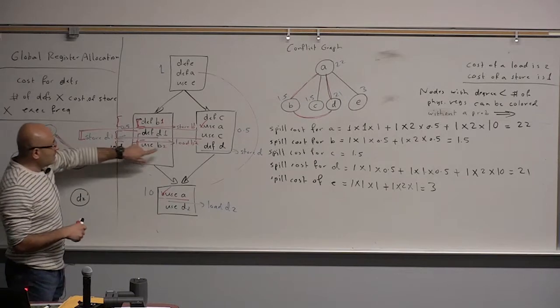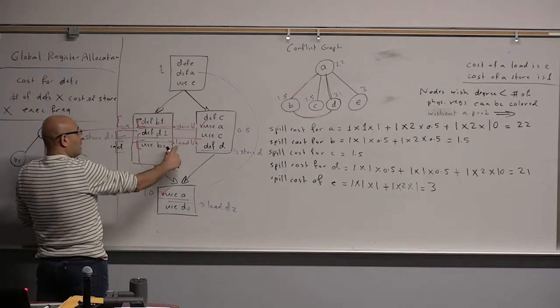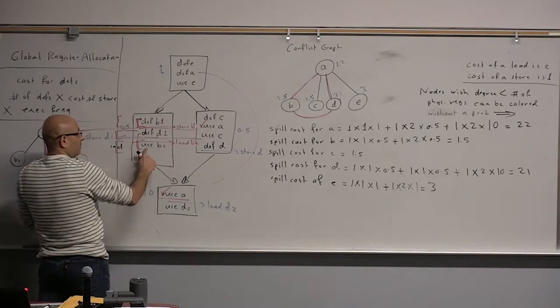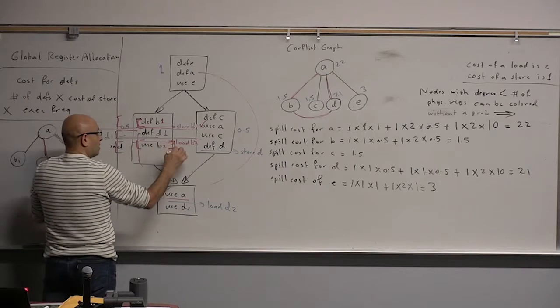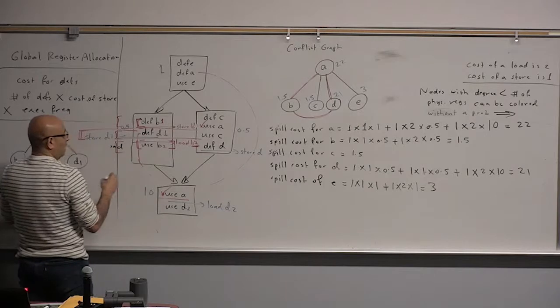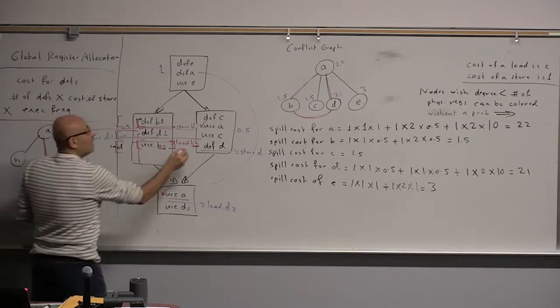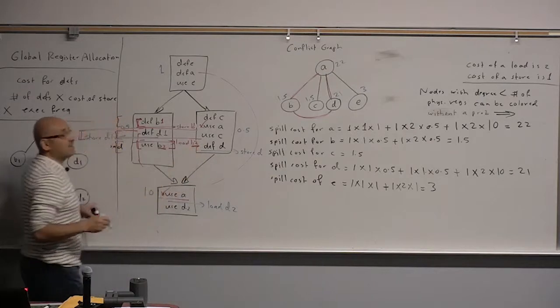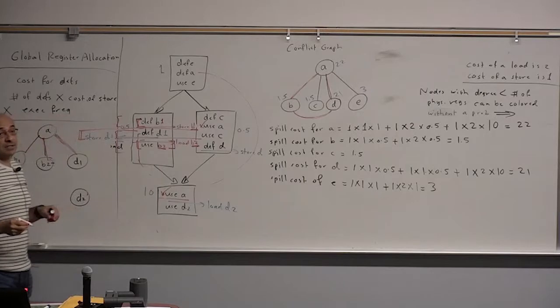So what I mean by clean is that for this use, we are bringing a fresh copy from memory. So this is a live range by itself because this is a definition. The load is a definition of B, and the use uses B. So remember that a load defines a register, and the store uses a register.